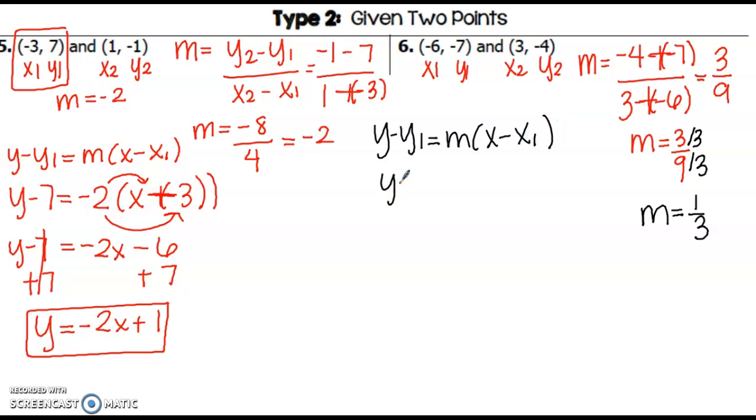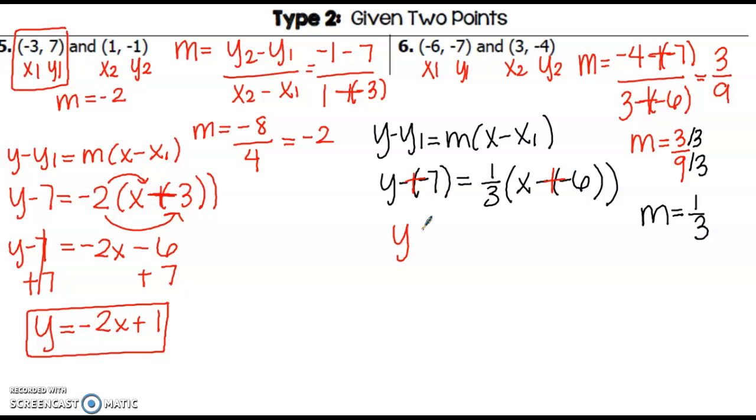So I know my y1, here it's going to be a -7, equal to my slope of 1/3, times x, I don't know that, minus my x1, which is a -6. Couple things I'm going to do. This is actually going to become a +7, and this is going to be a +6.